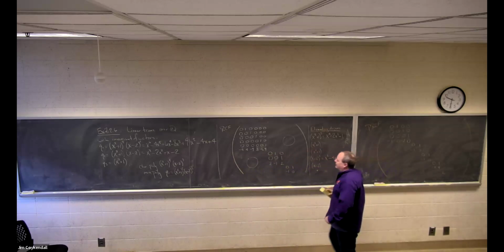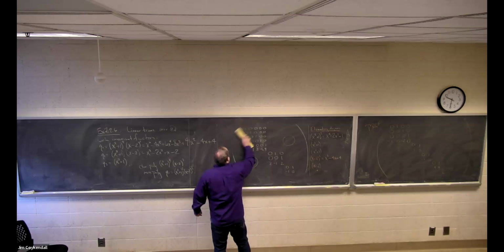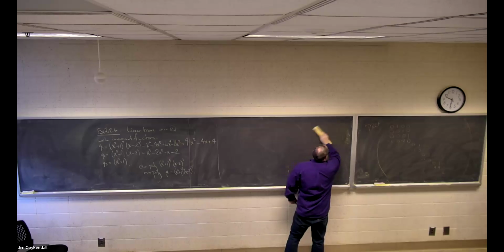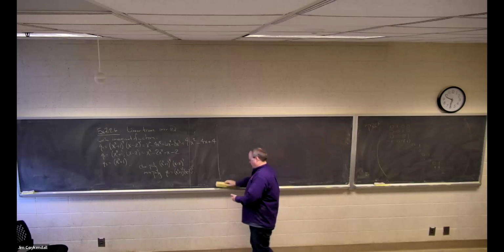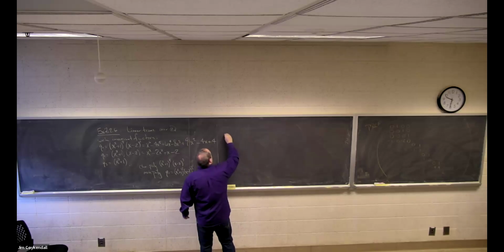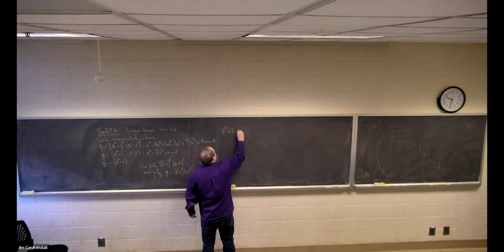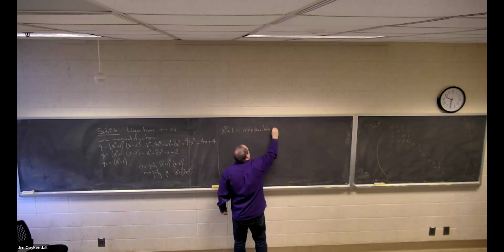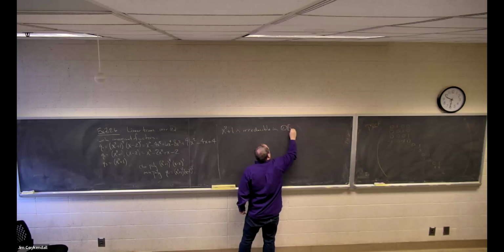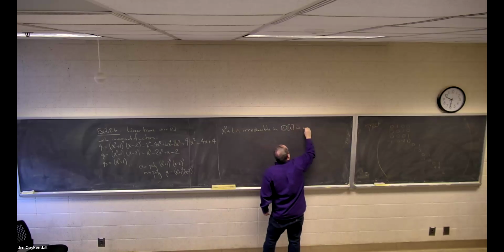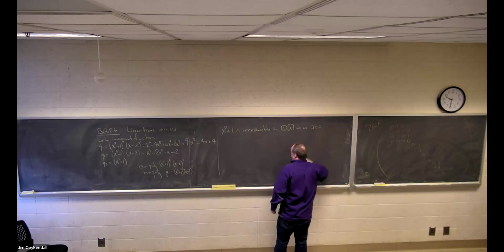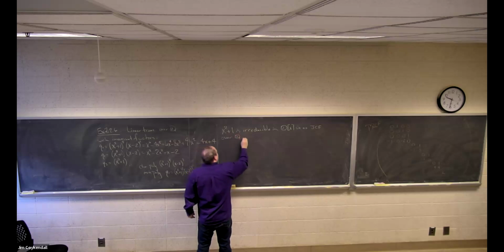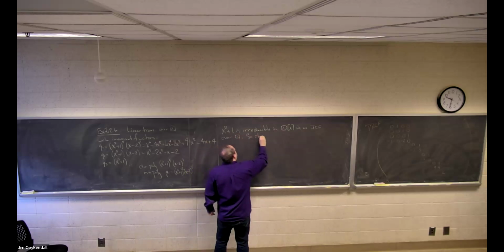Because of the x squared plus 1 business. It's irreducible. So, no Jordan canonical form. This is a matrix over Q. So change to C.